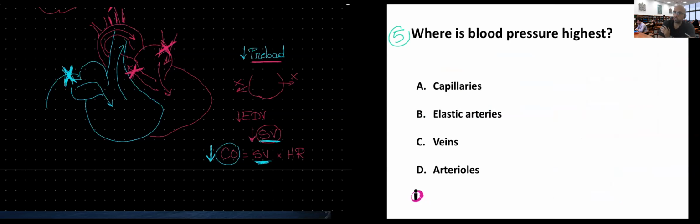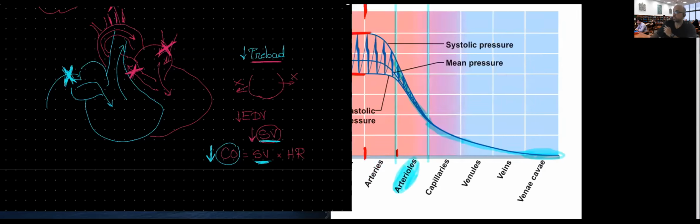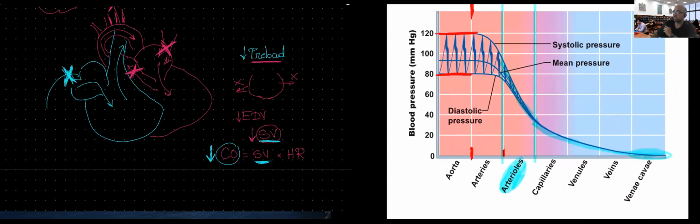Capillaries, elastic arteries, veins, arterioles. Elastic arteries, aorta and its major branches. Elastic arteries, exactly. The aorta and its major branches. This is where I've got the highest blood pressure.